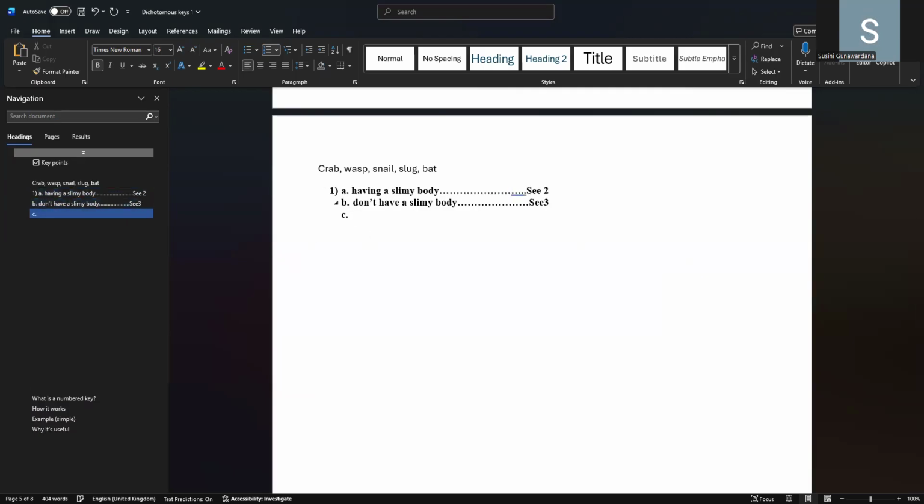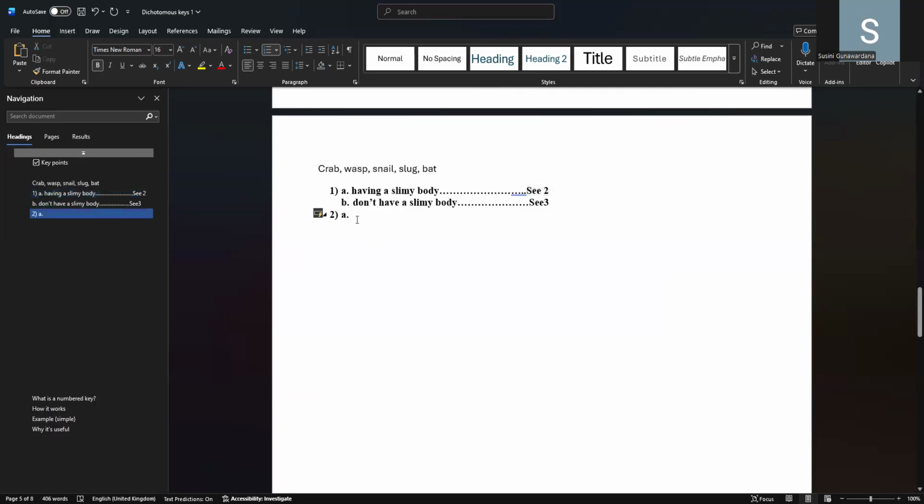Then I'm taking the second one. You put 2 there and A. So these two animals, it was indicating snail and slug.